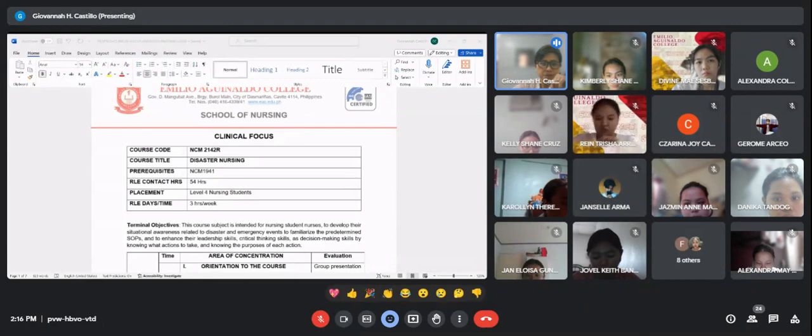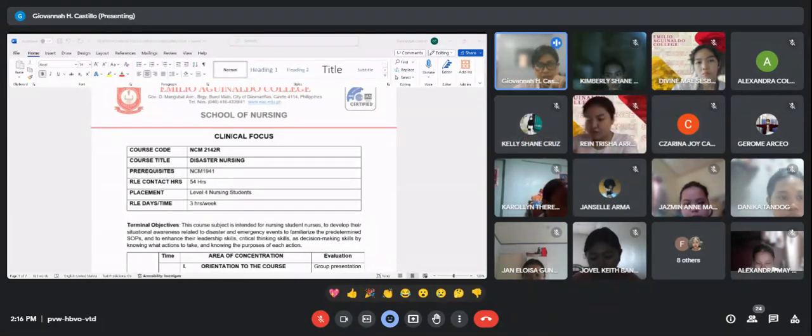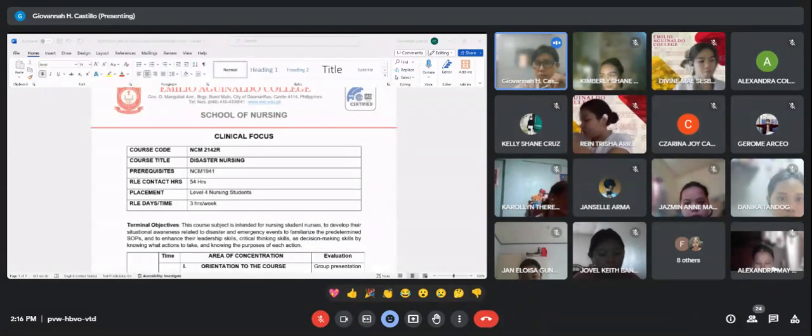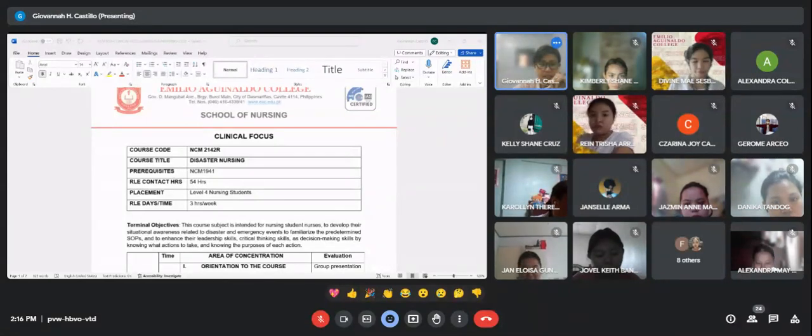Let's say, for example, sa school, kung may earthquake or kung kaya merong sunog, kung ano ang gagawin ng nursing students. And the placement, the RLE days and time is 3 hours per week.